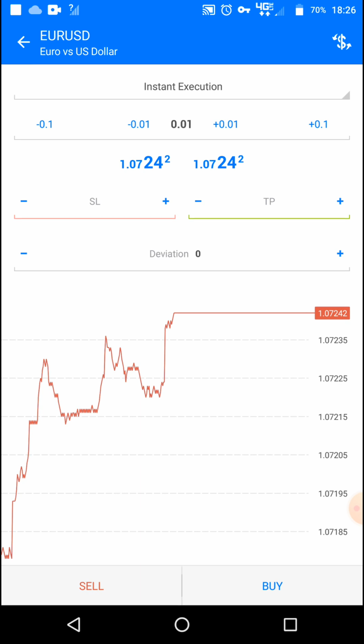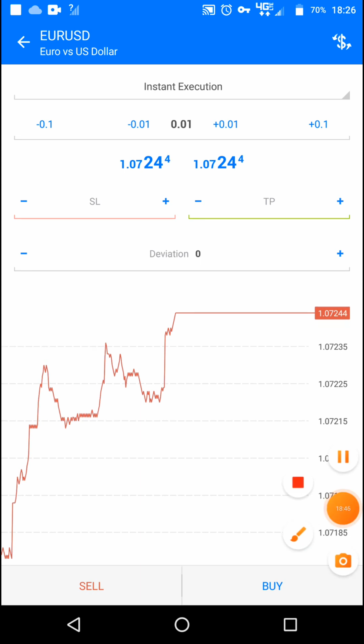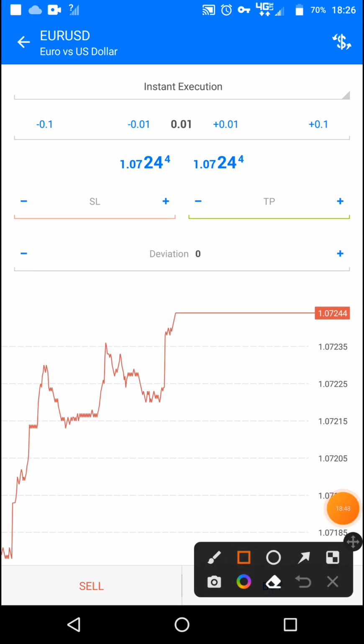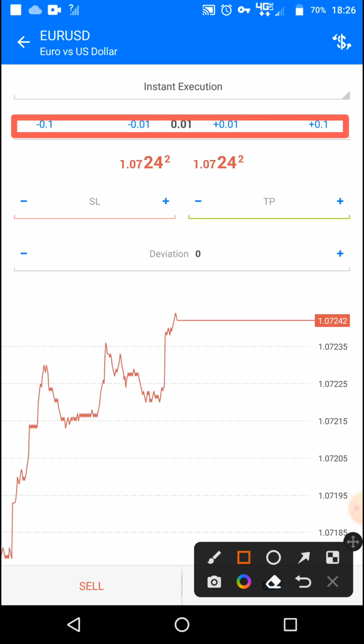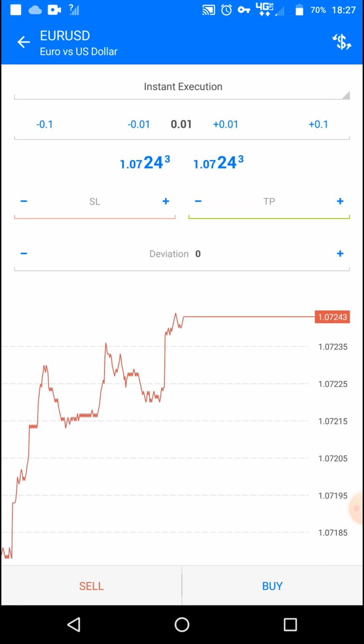Now, after you've understood what a pip is, let's move to the second one. Okay, the first one I'll explain. This particular number you see here is just a simple thing that is called lot size. Okay, so if you read about lot size, you know what I mean.